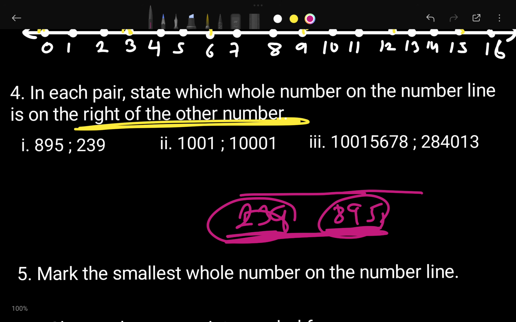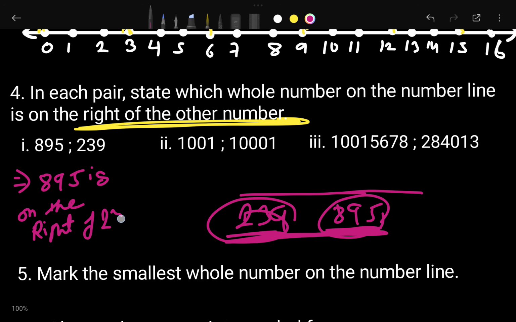So here we can write 895 is on the right of 239. Okay, this question is clear.